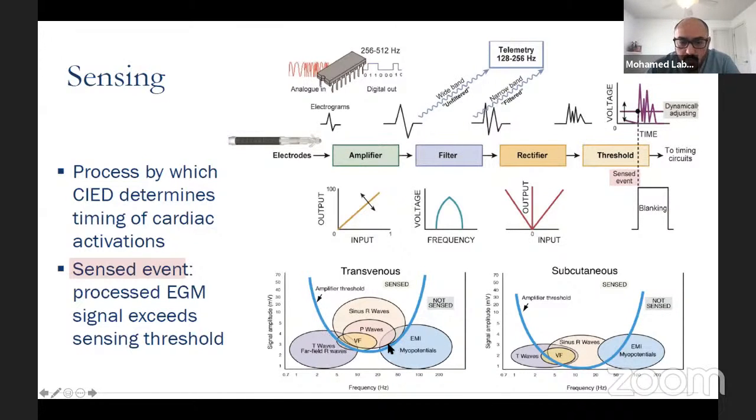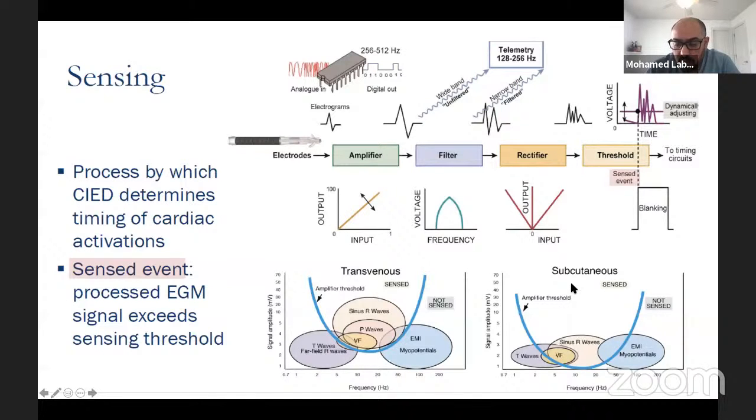So you want to pick signals with certain millivolts and also certain hertz, so you can pick R waves, P waves, and VF if you have an ICD. And you want to avoid picking up electromagnetic interference and myopotentials, and you want to avoid T wave oversensing by adjusting the sensitivity on the device.